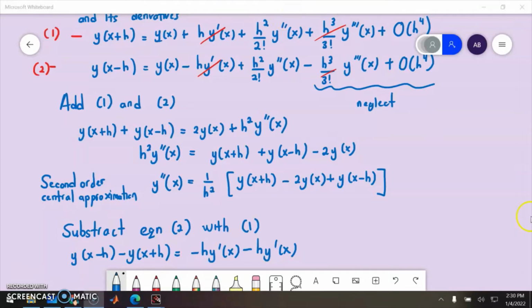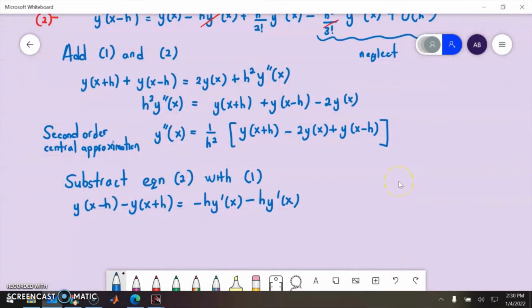I just have to simplify this term now. What happens if I divide by negative? Yes, why not? So I will have negative y(x - h) plus y(x + h), so it will be positive here.